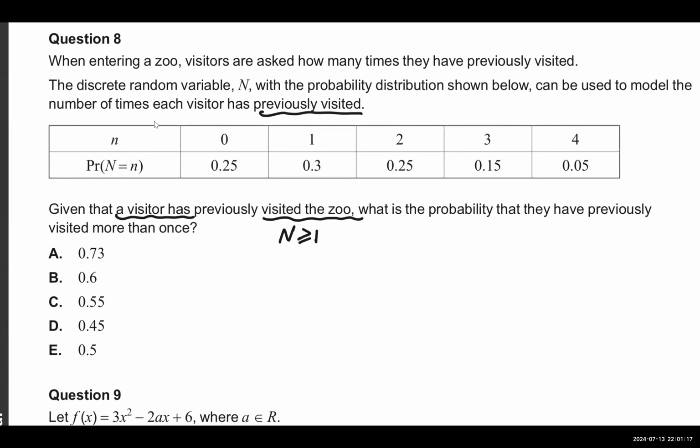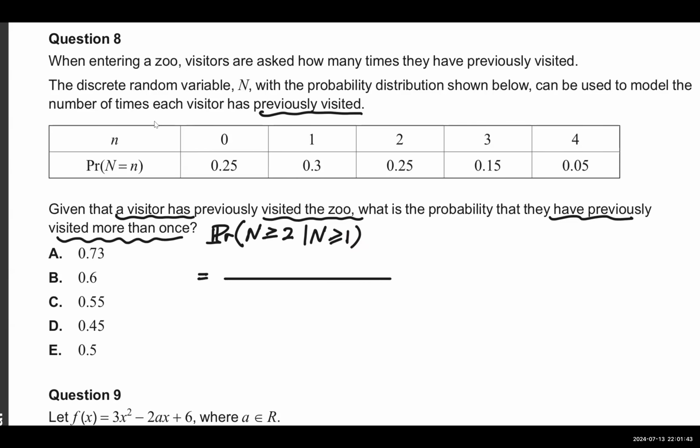Okay, you can't have n equals 0 for the previous time. What is the probability that they have previously visited more than once? So this is asking you to find the probability of n greater than or equal to 2, given n greater than or equal to 1.